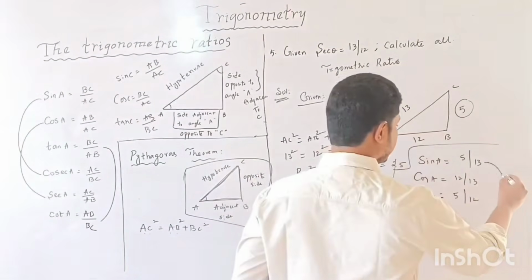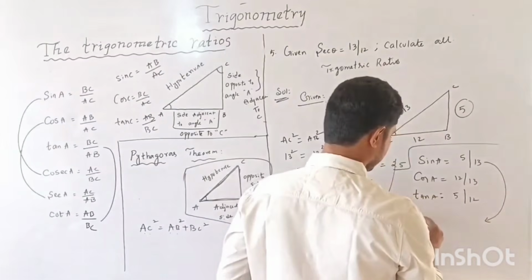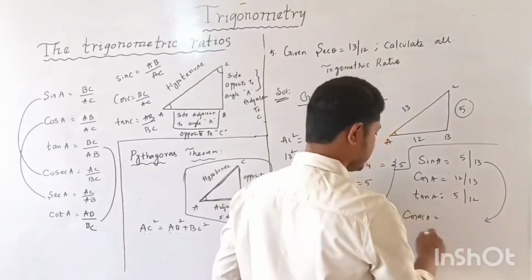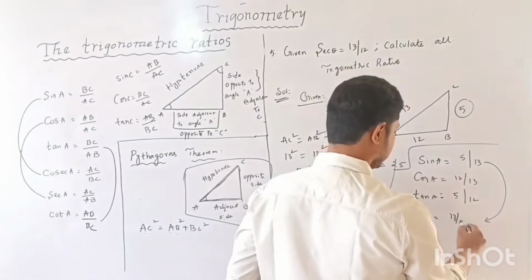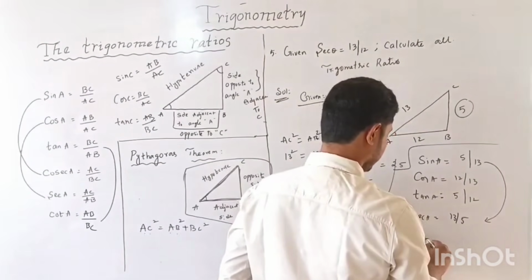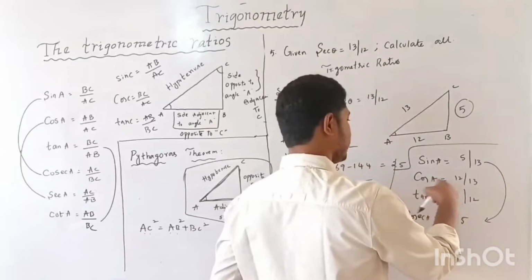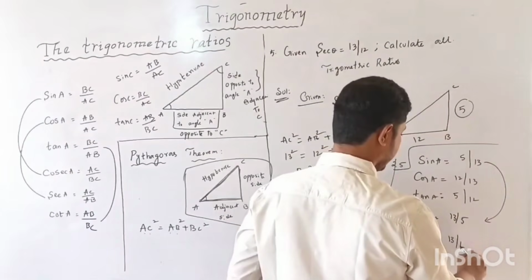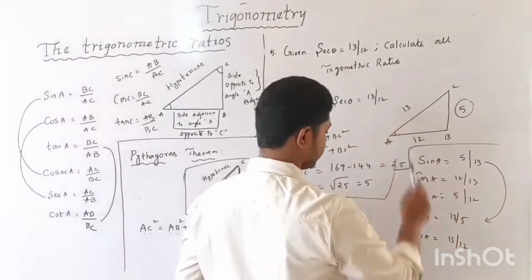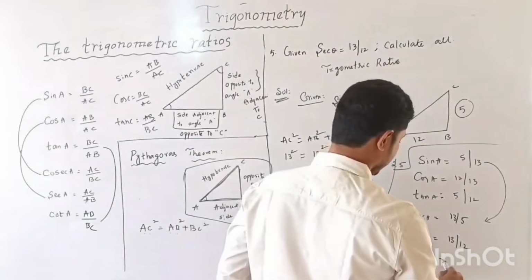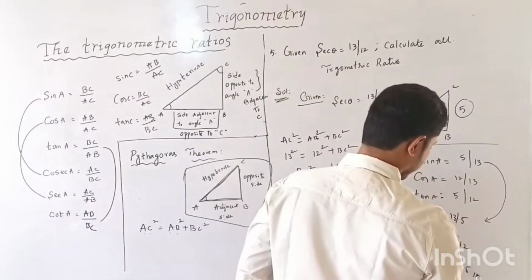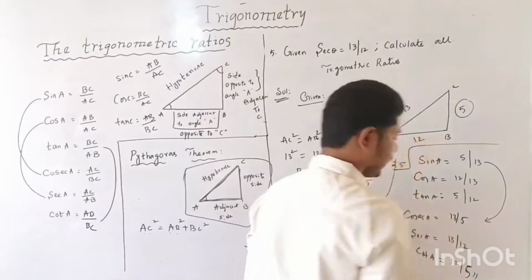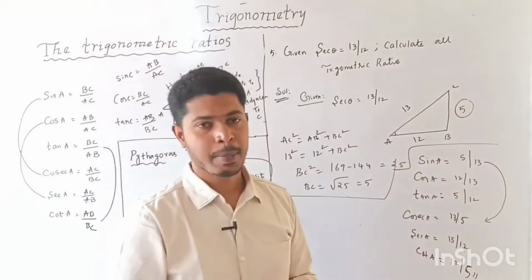The reciprocal of sin is cosecant, which is 13 by 5. Secant is the reciprocal of cos, that is equal to 13 by 12. This is what they have given in the question. Cot A is the reciprocal of tan, that is equal to 12 by 5. These are the required trigonometric ratios.